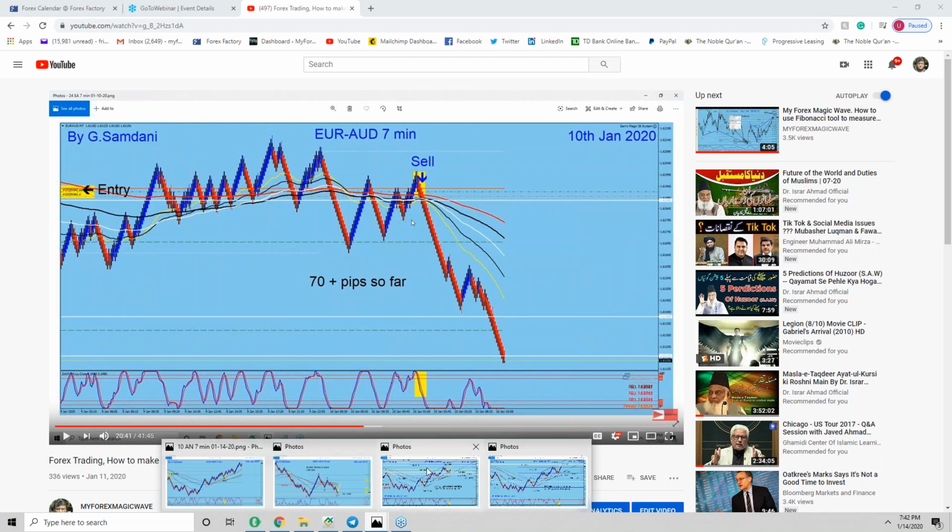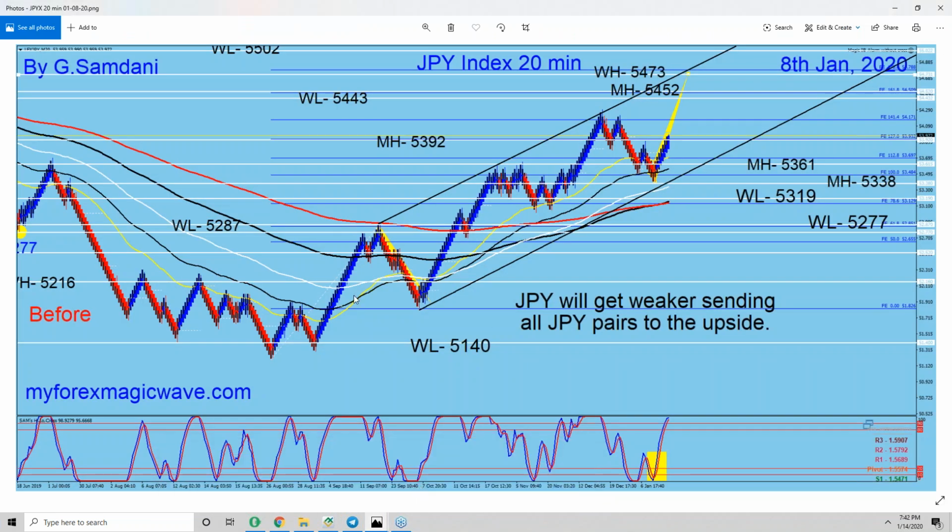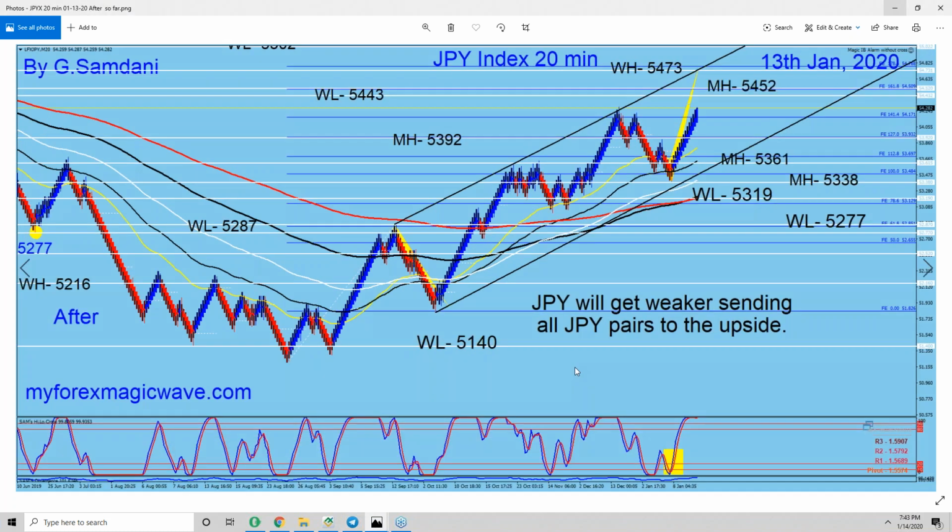And by the way, the yen index, yen pairs, they went up, all of them, because of this chart I made on 8th January, that we're gonna be going to the upside. These are the targets here, 54.52 and 54.73, and so far we are here, but even a little bit above this.